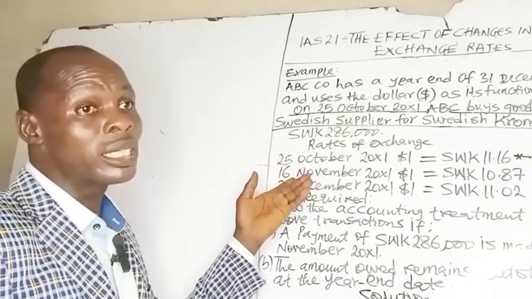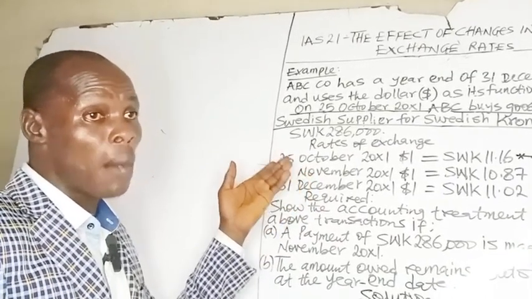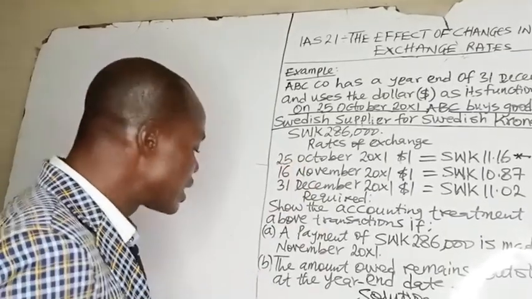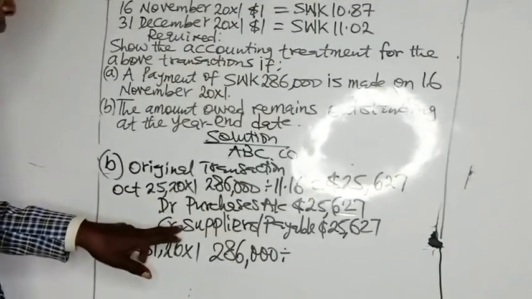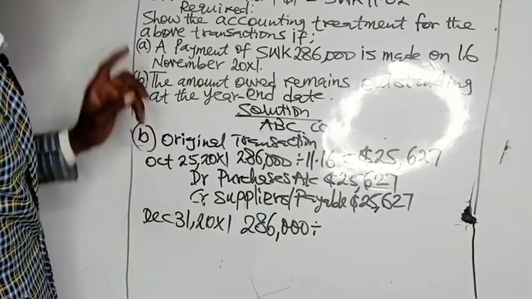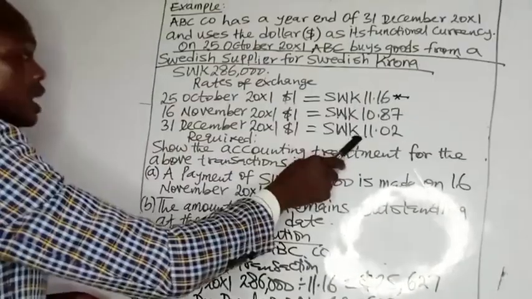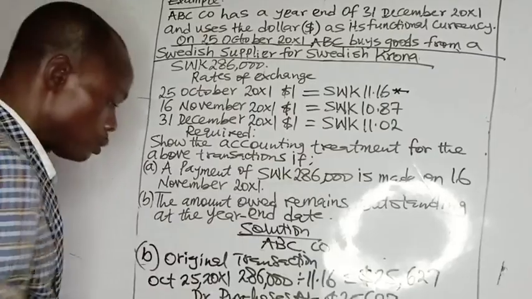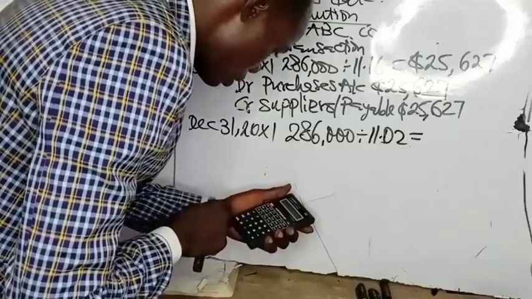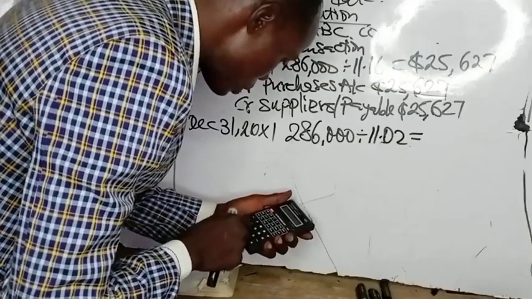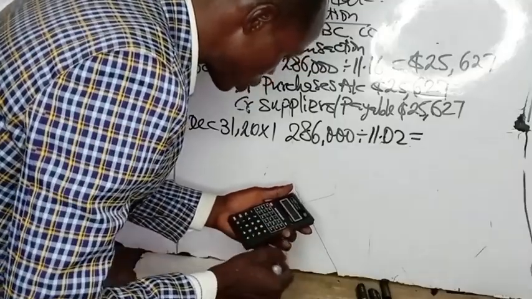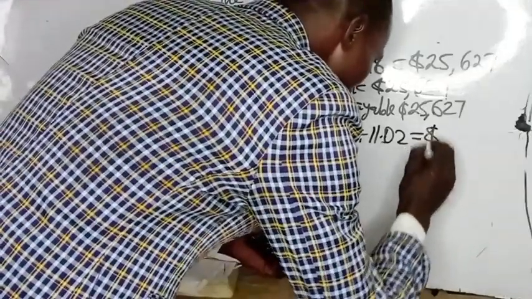If it is a non-monetary item, you use the spot rate. So the payables is a monetary item. You want to settle the suppliers. That means you will use the closing rate, which is 11.02. 286,000 divided by 11.02 gives us $25,953.